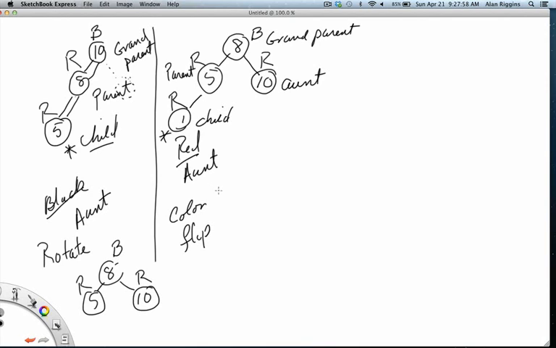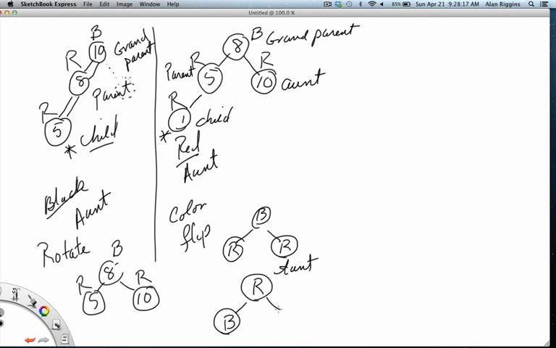So the general pattern here with the color flip is you have black, red, red. This is the red ant. And this becomes red, black, and black. So you just change the colors of these 3 nodes.